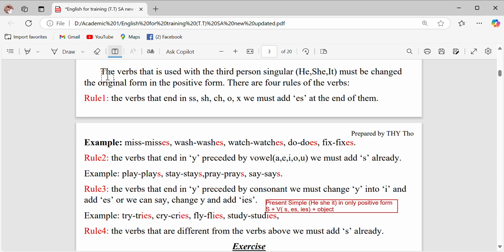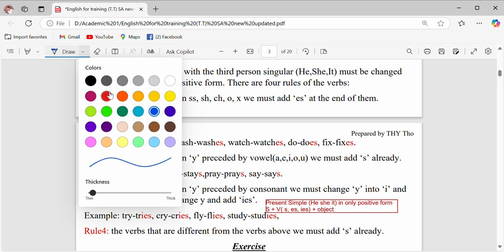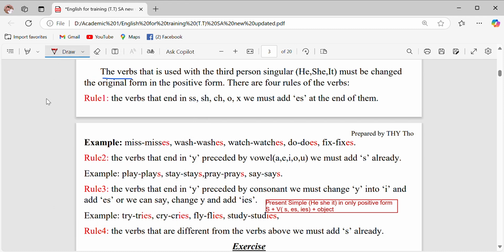Please look at this. The verbs that are used with the third person singular he, she, it must change from the original form in the positive form.